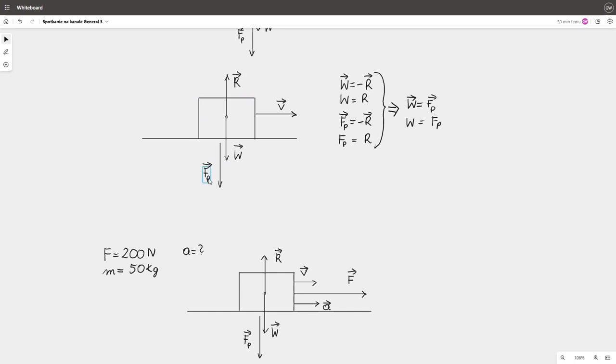You can see it here. We have the same forces in vertical direction. Weight and normal force balance each other, and there is no force in the horizontal direction. So velocity does not change, because resultant force is equal to 0.